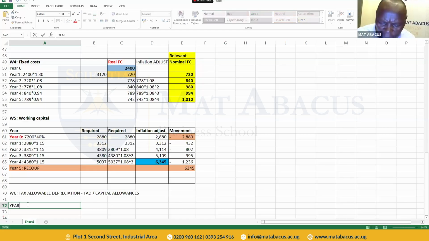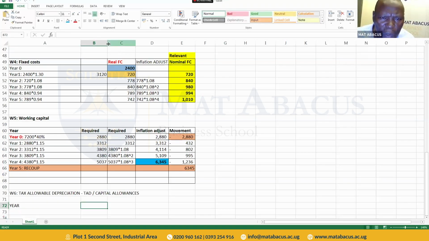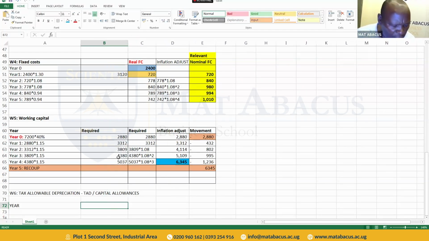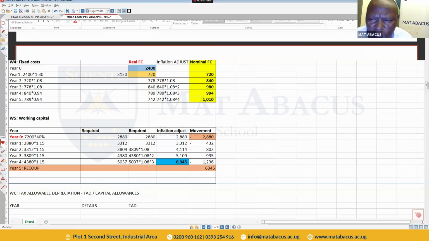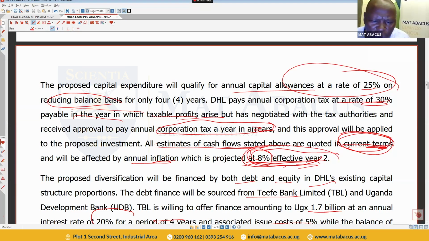But at MAT Abacus, we usually lay out our data. We usually have the details. That's how we do it at MAT Abacus. But there are very many ways of doing it. Details, then we usually have the TAD. It is important you quote the rate. The TAD is reducing at 25%.